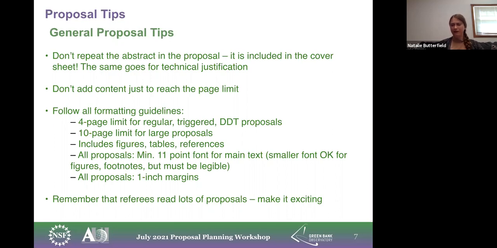If you want to go a little bit smaller for, let's say, your figures, footnotes, or maybe some references, that's okay, but make sure that it's still legible and that you're not going super, super small. And lastly, all proposals need to have 1-inch margins around the edges as well.